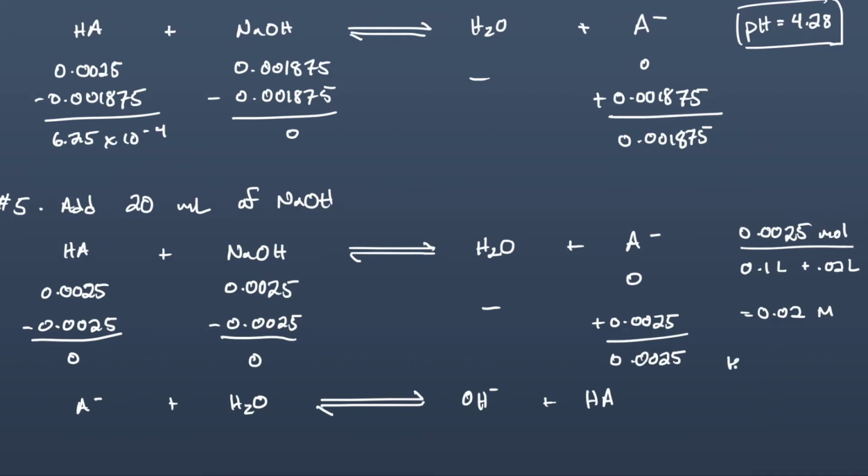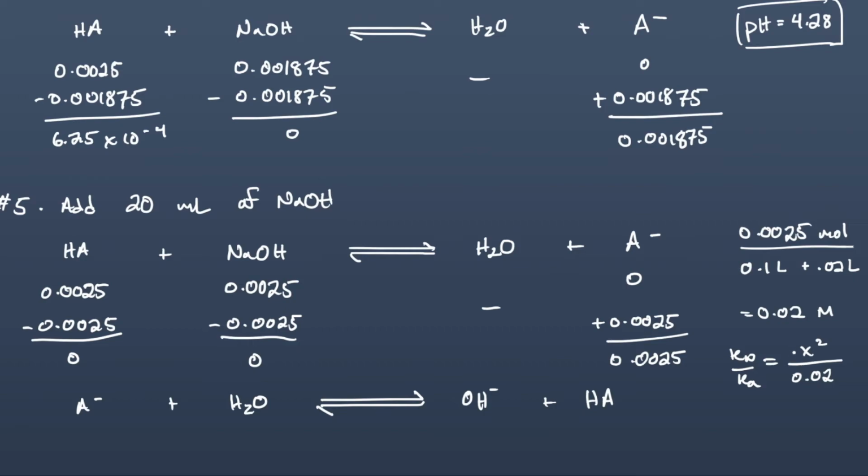So now we can do the Kb problem. The Kb is equal to x squared over 0.02 liters. And remember, the Kb is the Kw over the Ka. So doing this calculation, we know this, we know this, we have this, we can solve for x.